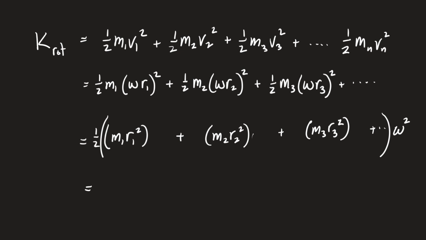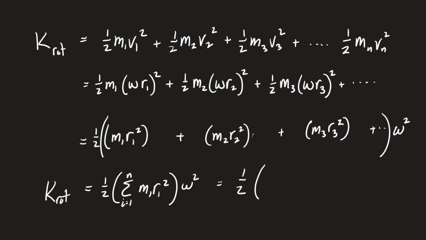Like, I could rewrite this as 1/2 the summation of m1 r1 squared from piece 1 to the last piece times omega squared, and say that this is rotational kinetic energy. For a smooth object, or an object that is of non-uniform density, I could write this as the integral of r squared dm from the first piece of mass till the entire mass times omega squared.